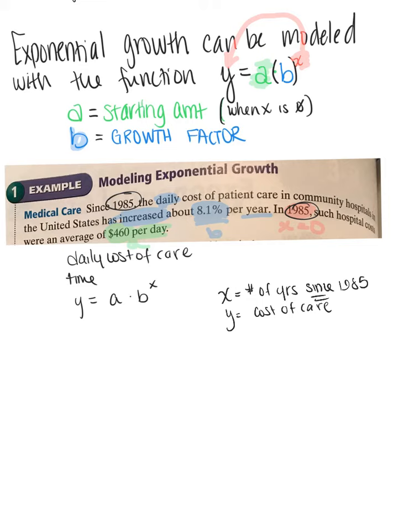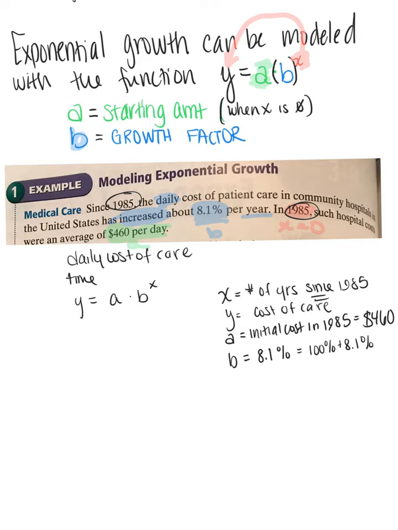All right, I still have an a and a b I need to deal with. So my a is going to end up being the starting amount. Well, the starting amount was the initial cost in 1985, also known as $460. My b is my growth factor. I've got 8.1%, and it's growing, so I have to add it to 100%, because it's never going to go below 460. 100% of 460 is 460.